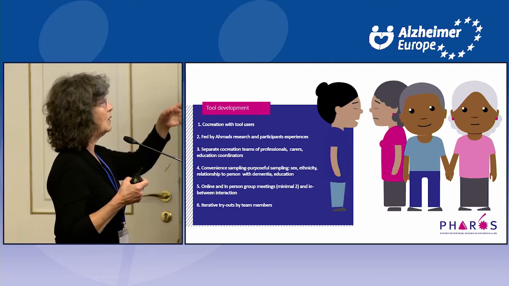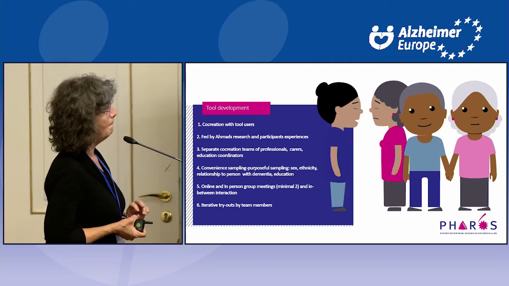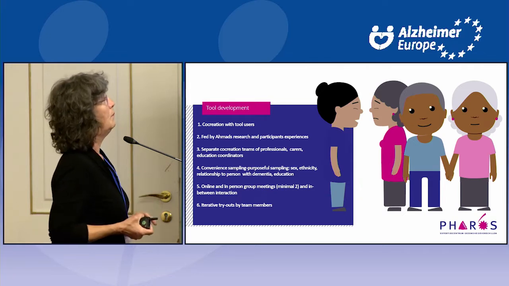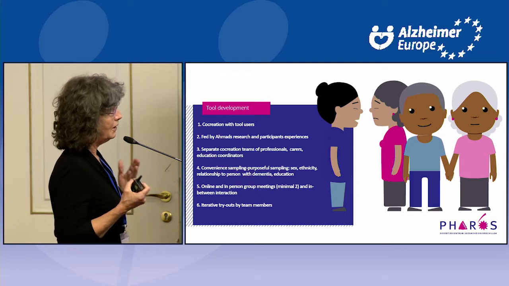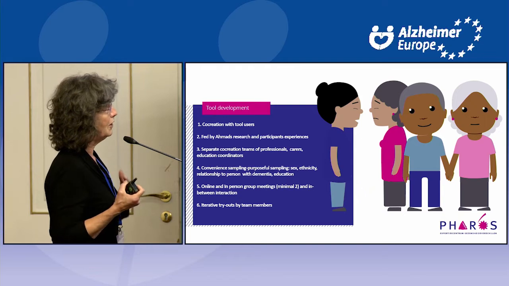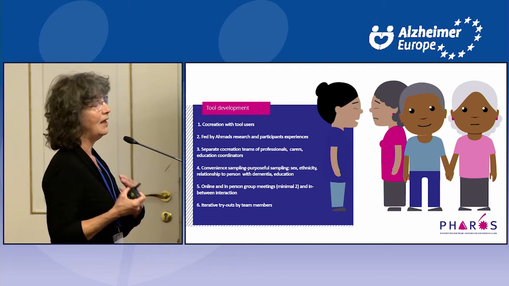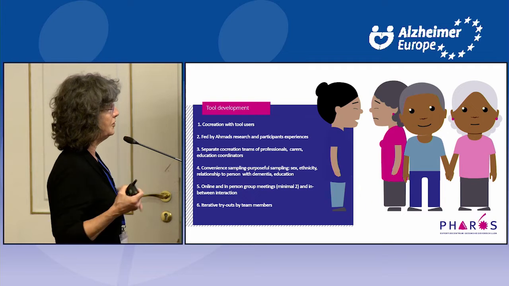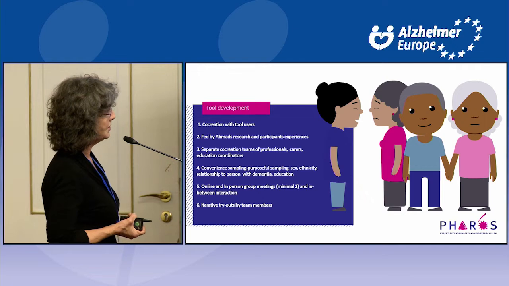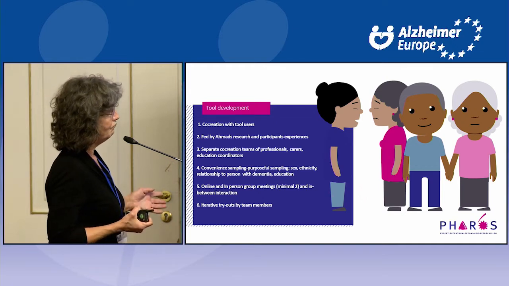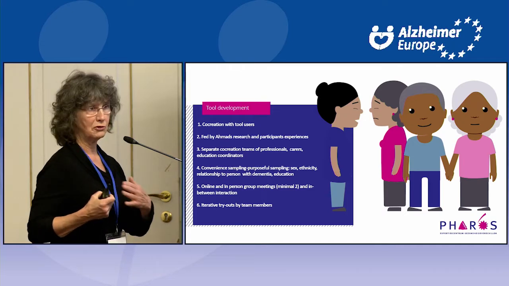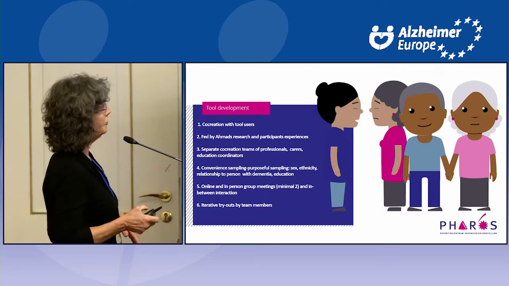As a further elaboration, we used convenience sampling, quasi-purposeful sampling, focusing particularly on sex and gender, ethnicity, relationship of the caregiver to the person with dementia, and education. So we tried to really cover that in our co-creation teams, and we had group meetings and iterative tryouts by the team members of the co-creation teams.